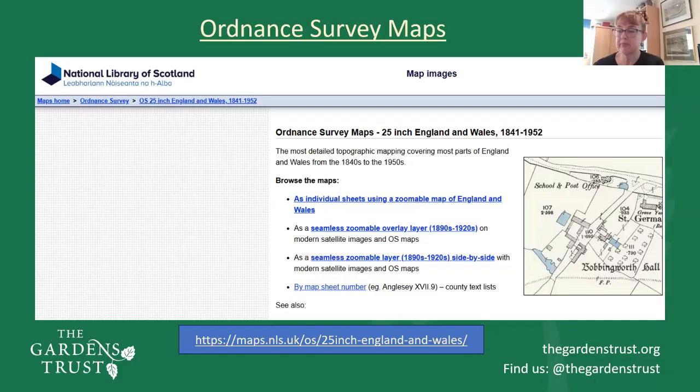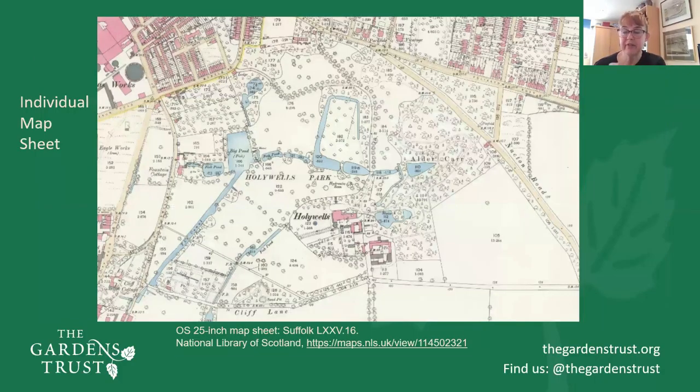This is a detail of the 1884 25-inch map showing Holywells Park in Ipswich that we've just looked at. Many of the earlier OS maps will have some colour like this one: blue for water, red for habitable buildings, grey for uninhabited buildings, and yellow for the public roads.